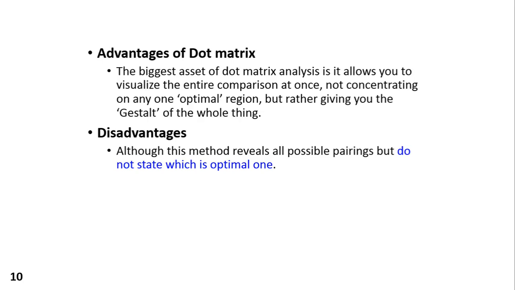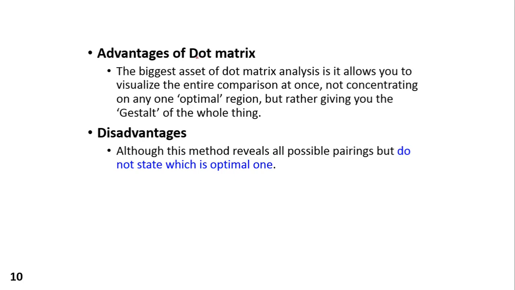But the disadvantage is, although this method would reveal all possible base pairing in that RNA structure, it is unable to identify which of the multiple possible base pairings is the optimal secondary structure. That is one of the biggest disadvantages.